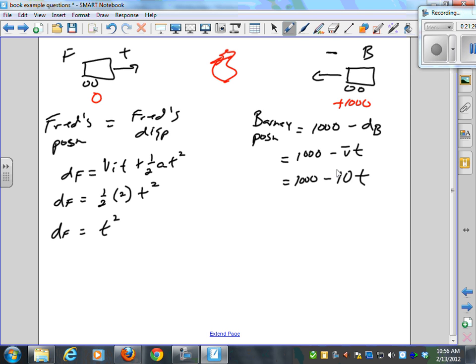So in other words, t squared equals 1,000 minus 10t. Sorry, yeah, 1,000 minus 10t. It's like a system of equations where I've isolated for one, and then I've substituted in the other. So now I've got an equation with just t's in it. Regrettably, it's a t squared.